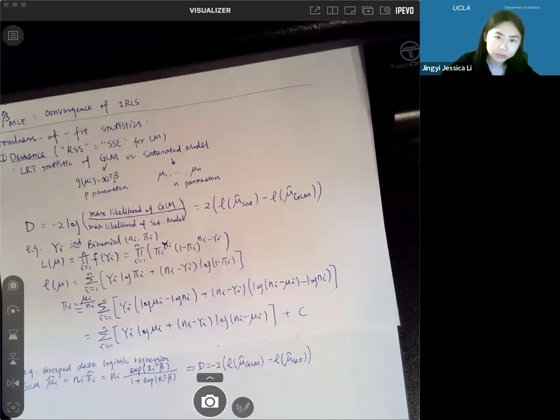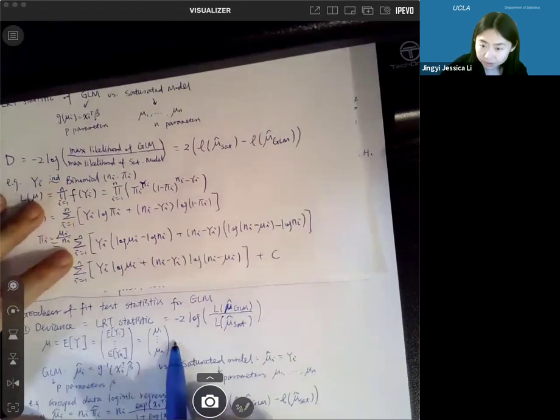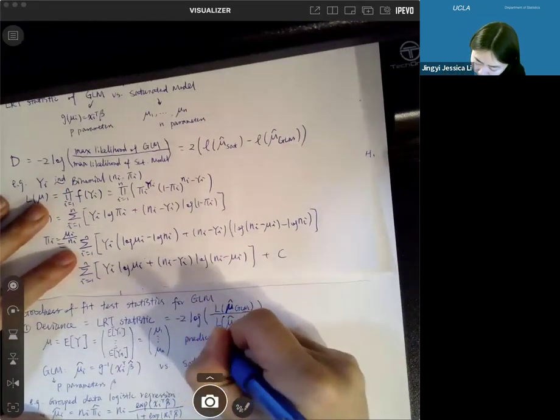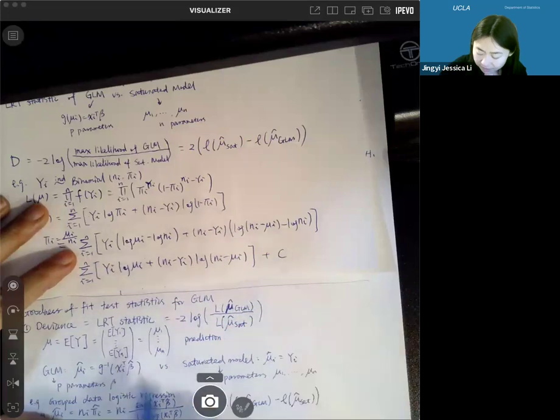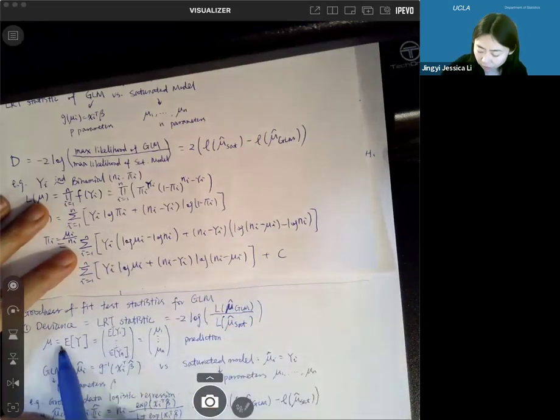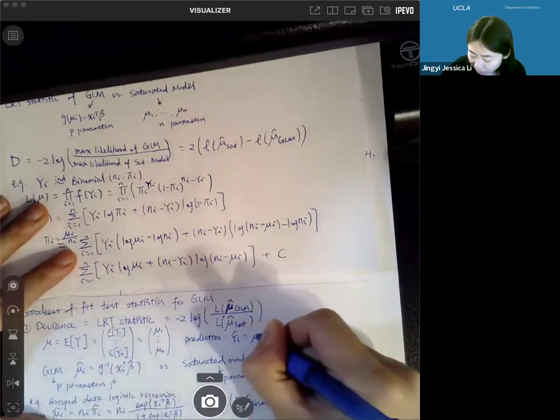For prediction purposes, we use mu i hat as our predictive value for yi. So for prediction using the model, your best guess is to use your estimated E[yi] as a predictor for yi. So your yi hat is basically your mu i hat.